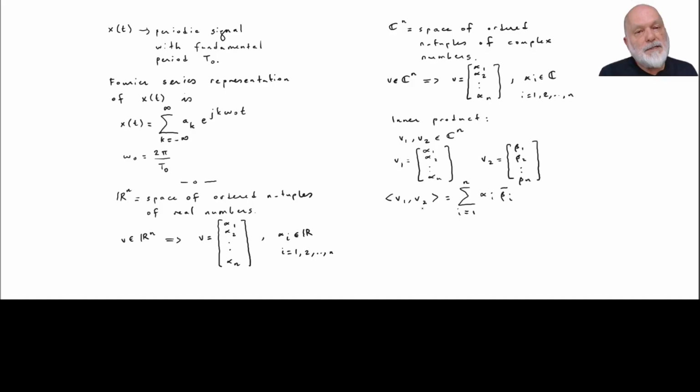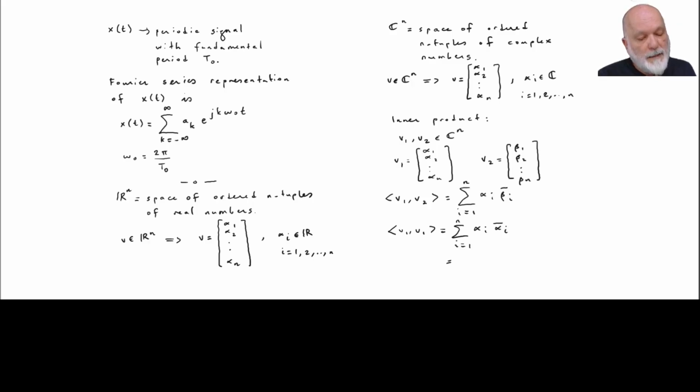The reason for this is the following. Remember the inner product of a vector with itself. Suppose that V1 and V2 are equal, so we have V1 inner product with V1. The inner product of V1 with itself will be the sum for i from 1 to n of alpha i times alpha i conjugate.